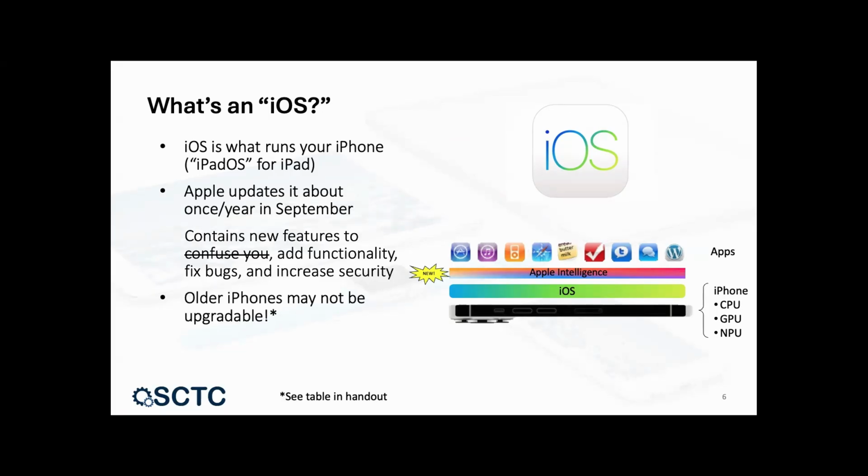You have to notice that older iPhones may not be upgradable, and there's a table in the handout to show if your phone is upgradable. It's quite a ways back, but after a while, they quit supporting new software on older phones.